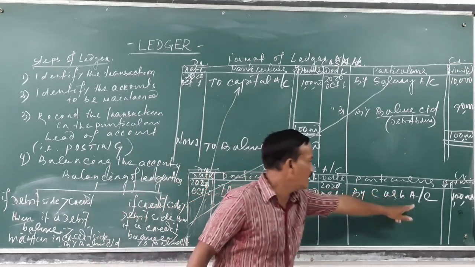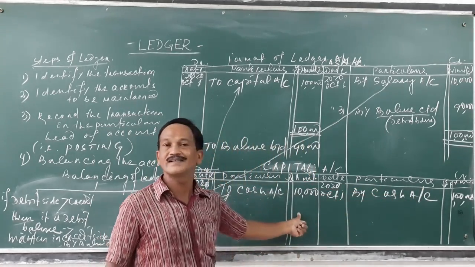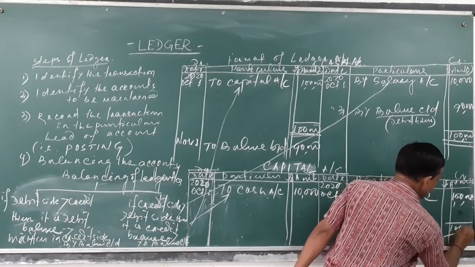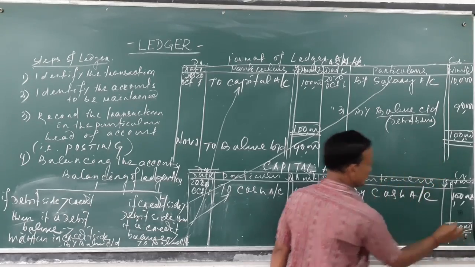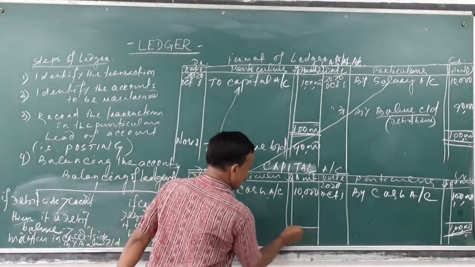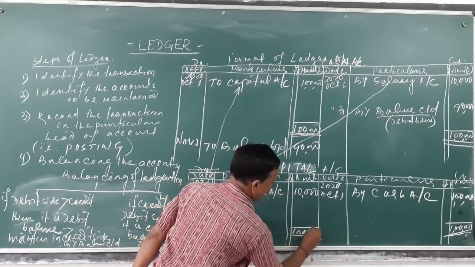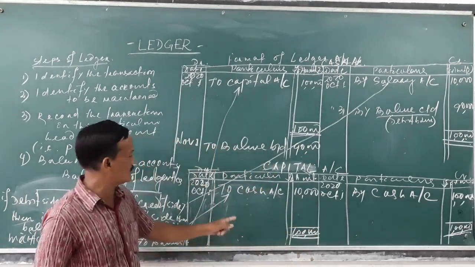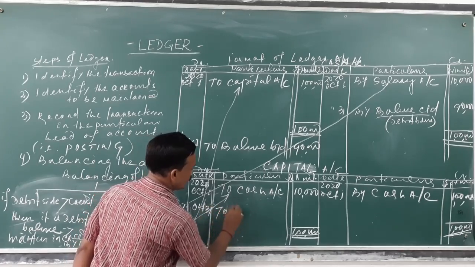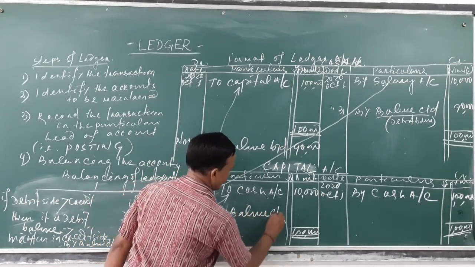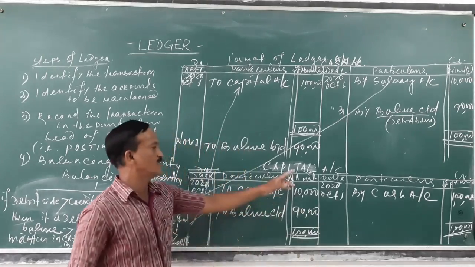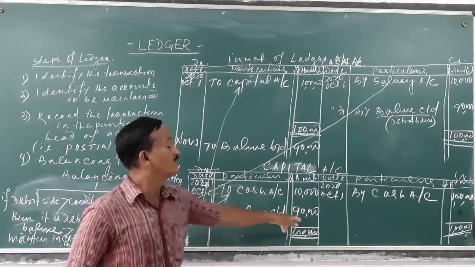The credit side is 1 lakh, but the debit side is 10,000 rupees. Make the total credit first, 1 lakh rupees. The credit side is more than the debit side, so find out how much the excess amount is. On October 31st, to balance carried down, 90,000. That means the excess of credit over debit is 90,000.